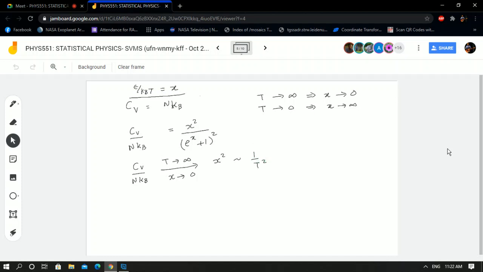Now what happens to CV by nkB as T goes to 0, which is the same as x going to infinity? If x goes to infinity, you can see that e to the x plus 1 can be written as simply e to the x. Because of that, this becomes x square into e to the minus x.